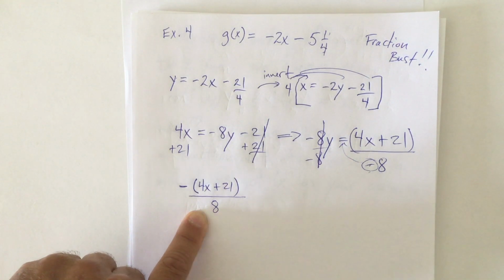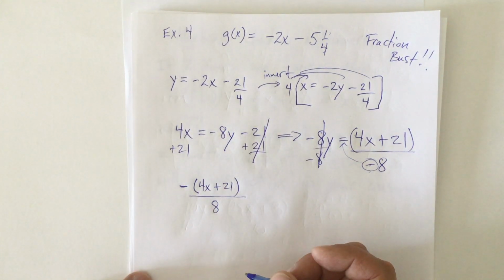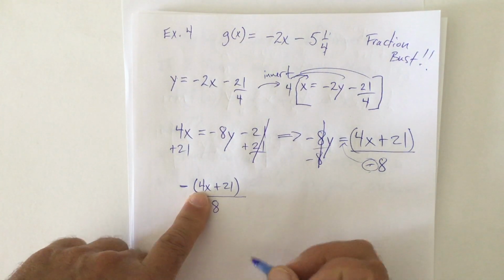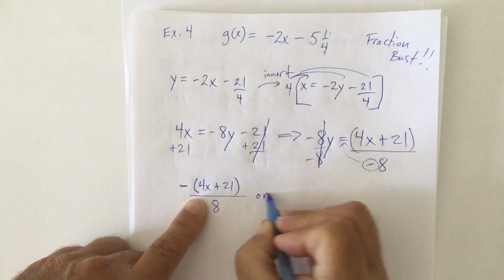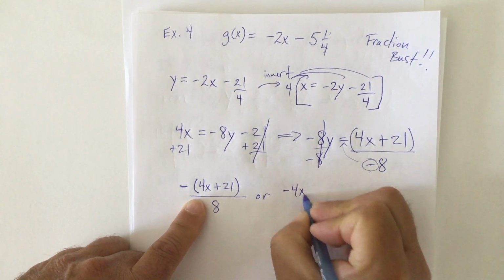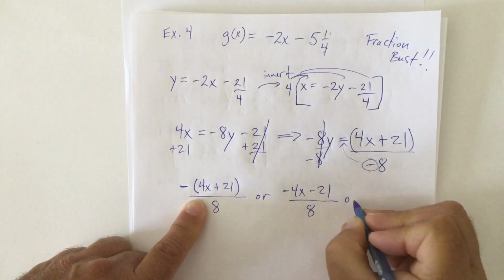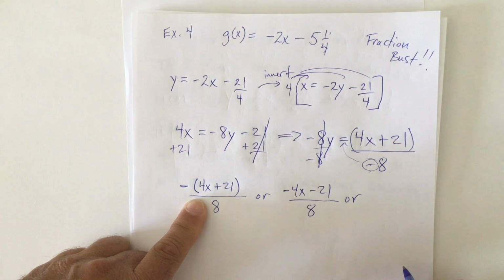It totally is. Me gusta mucho. In fact, your calculator would like that too. It's easiest to check it by punching it in like that. But you'll notice if you wanted to, you could distribute the negative through the top. You could say it's negative 4x minus 21 all over 8. Or you could do what our book does and write it in y equals mx plus b form.